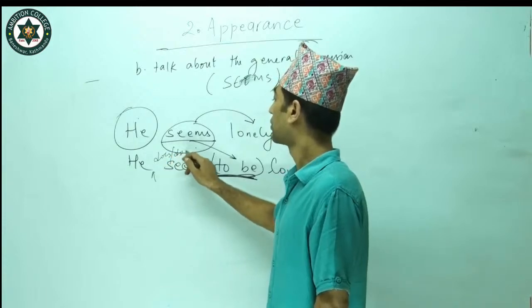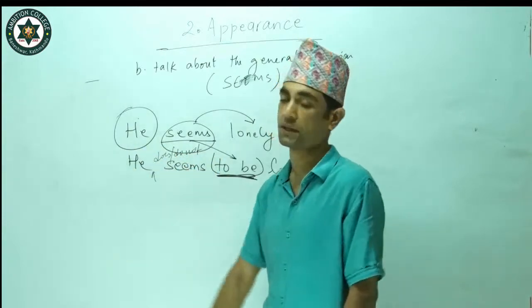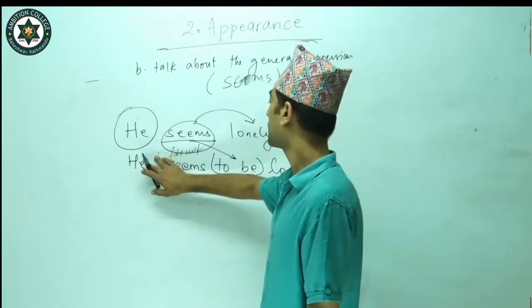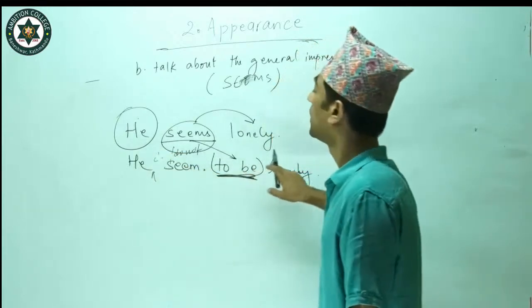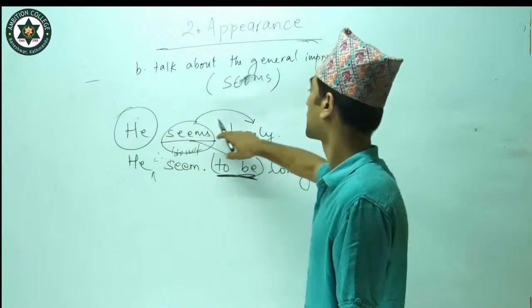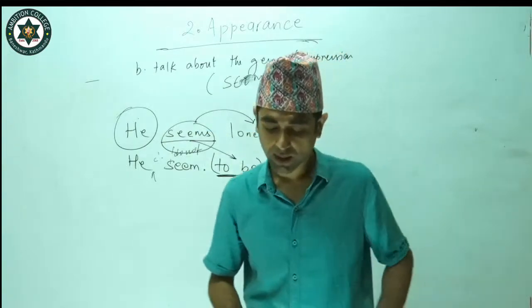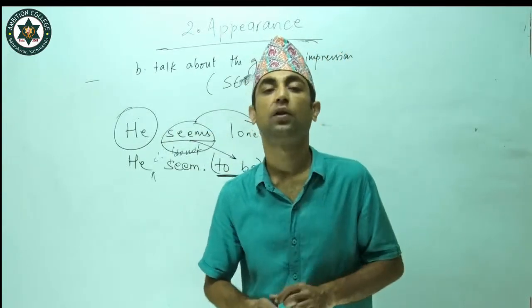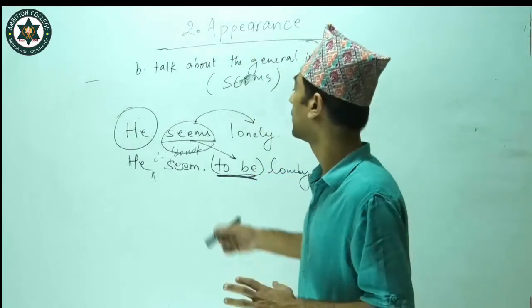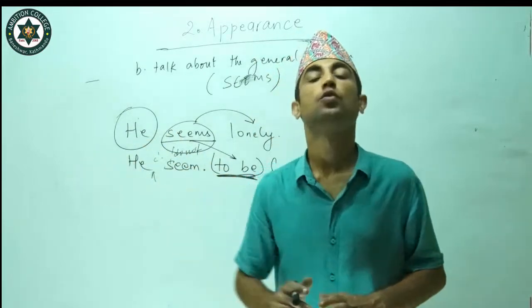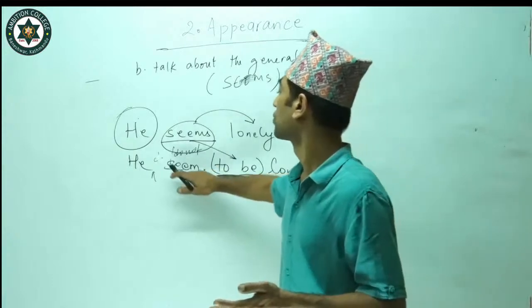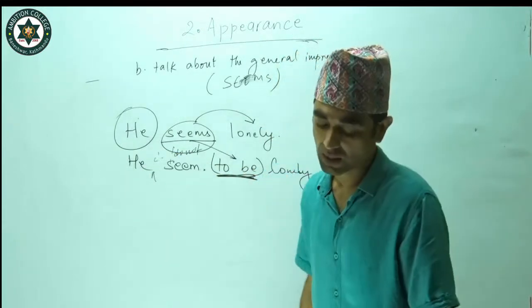Now to talk about the negative, we simply add does or do not in front of seem. He does not seem to be lonely. He does not seem lonely. Here we have added not, negation, in front of seem to make the negative structure.